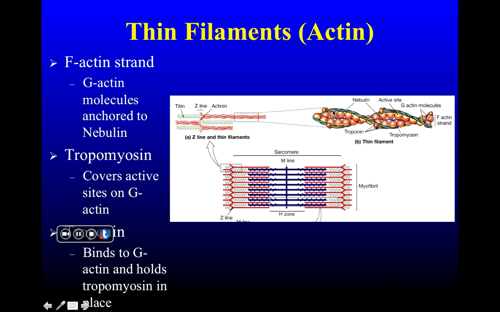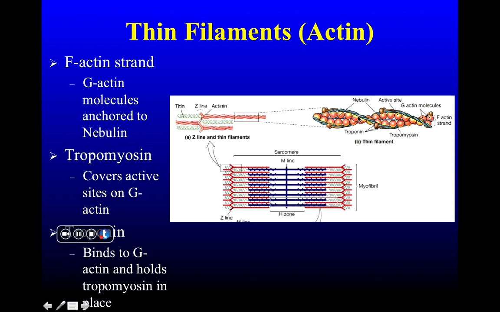These little balls are called the F-actin strand, made up of G-actin molecules. So the little balls are G-actin molecules that are arranged in a strand called the F-actin strand. So they're kind of twisting, almost like an alpha helix, like DNA. But that's not all. It looks like these balls have little yellow spots on them.